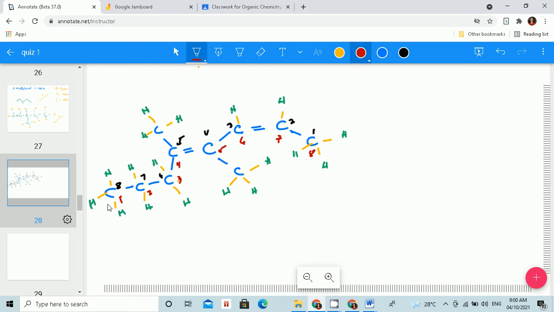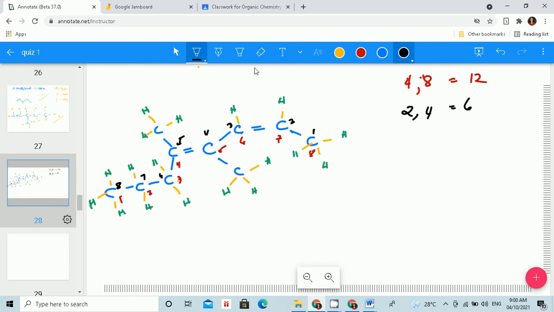If we count from left to right, our double bonds will be at 4 and 8. This will be 12 if we add that. If we count from right to left, our double bonds will be at 2 and 4. It's 6. So we will choose the counting in the black one, from right to left.